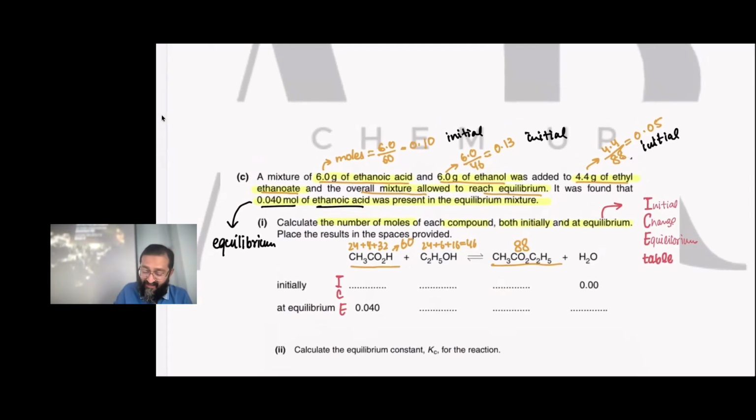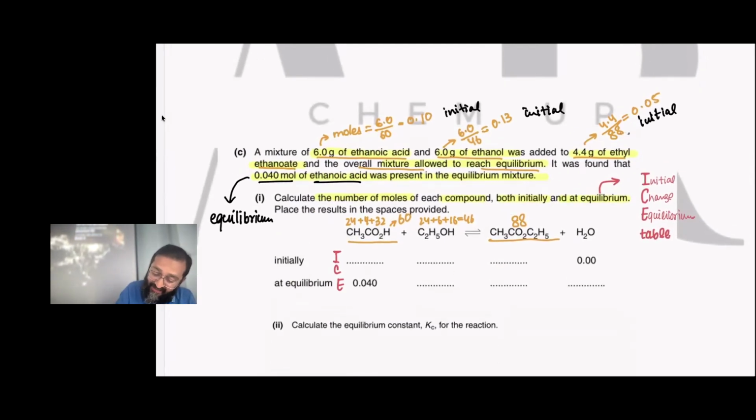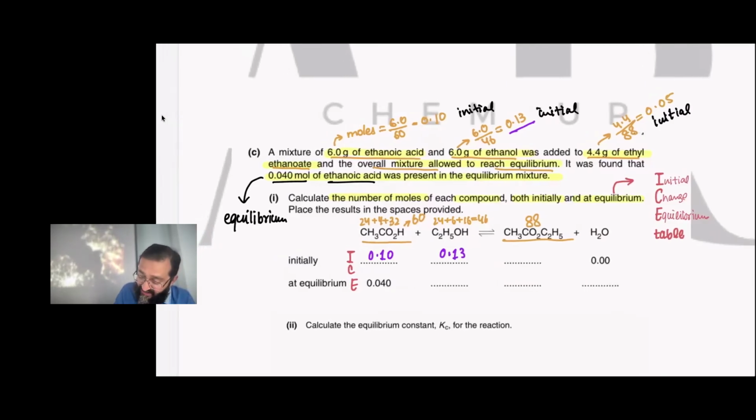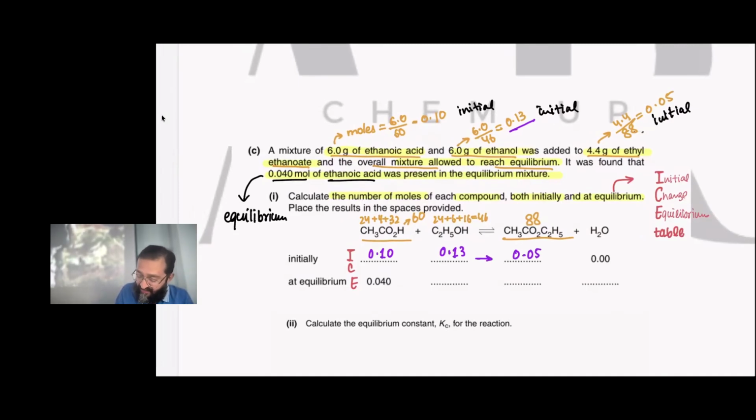So that is the amount of ethanoic acid I calculated, and this is initial. So I'm going to put it in the row of I, 0.10. I have calculated the initial amount of ethanol as well, which is 0.13. I have calculated the initial amount of ethyl ethanoate as well, which is 0.05. And water has 0.